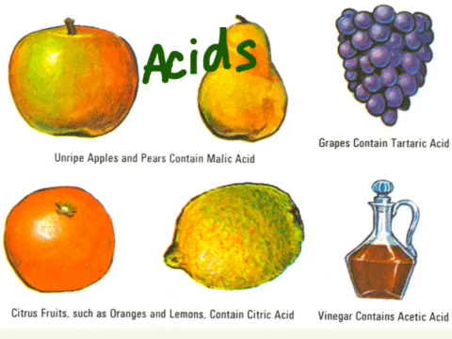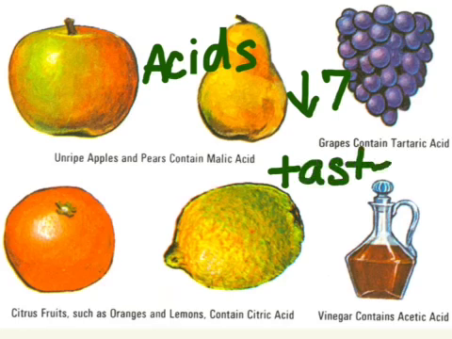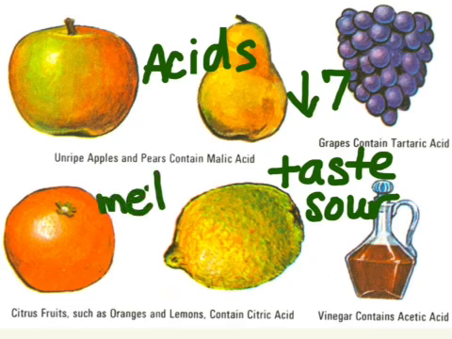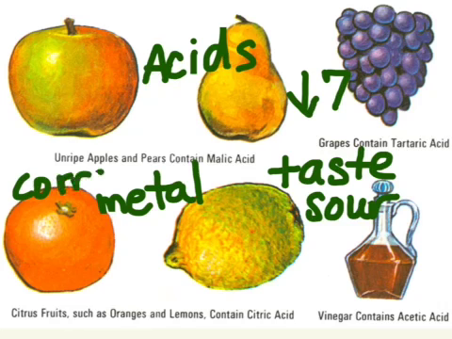Acids have a pH less than 7. Remember, 7 is neutral. They have a tendency to taste sour, so think of all those things that you eat that taste sour, like lemons and limes and most fruits, actually. And they also react with metal. They actually corrode metal, so they'll eat away at metal. And those are the properties that acids have.